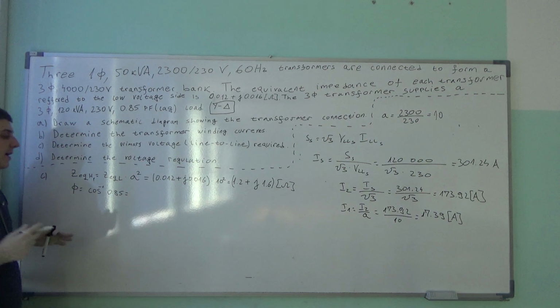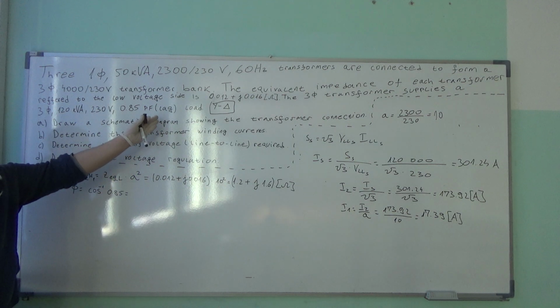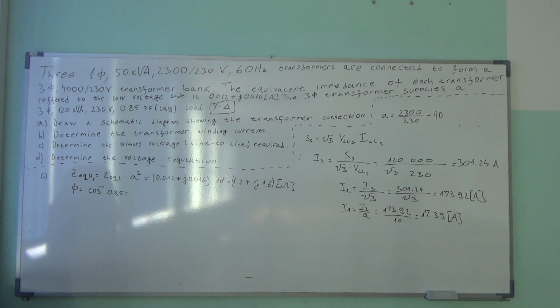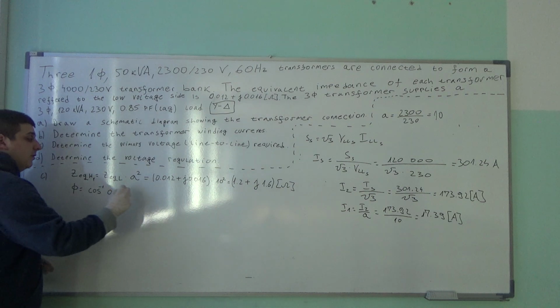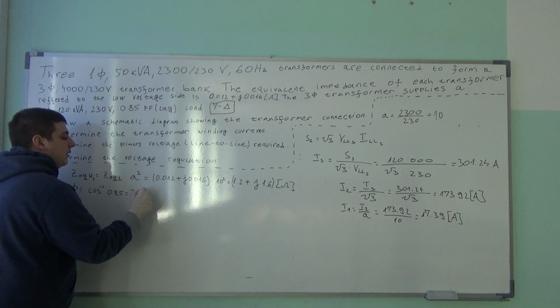That is equal to minus, because it is lagging, so we have to say minus. Oh no, it's not. We just need to know the angle. When I put it in the current, we will have to use the minus sign. But we just have to know what phi is, and this is equal to 31.8 degrees.